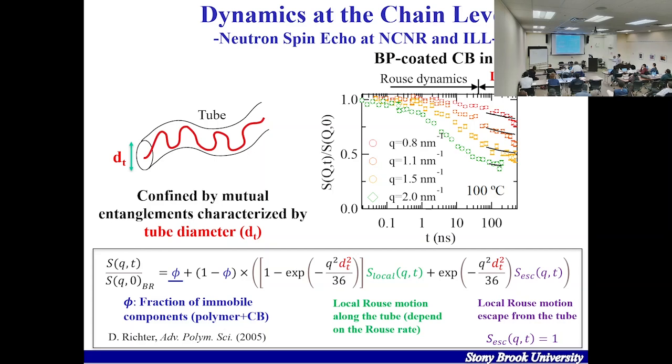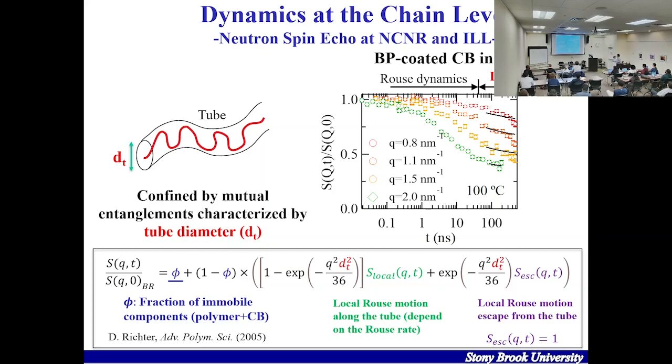So even if we change the time, S(Q,t) is kind of constant. That's what we call the immobile component. We found that based upon the backscattering experiment, so we consider the volume fraction here. From that fit, basically we can get how much is the actual immobile component within the bound polymer system, number one. Second is the tube diameter.